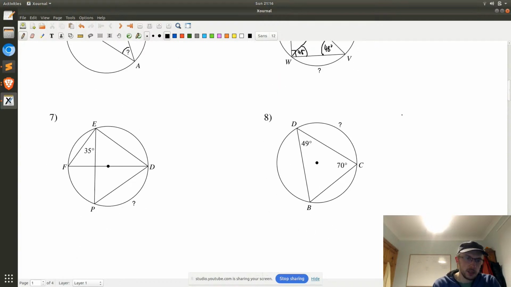Now find this angle here. All right, so that's 35 degrees. These are using circle theorems.